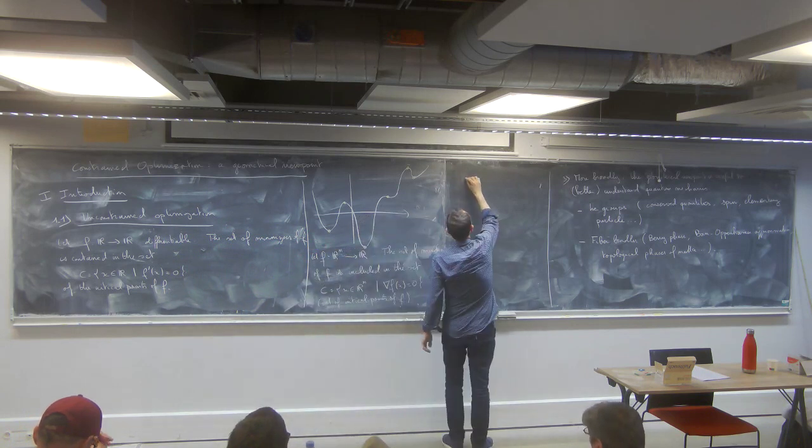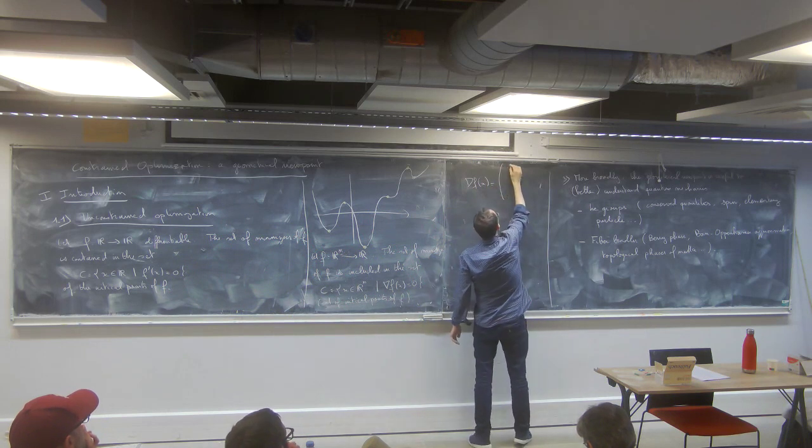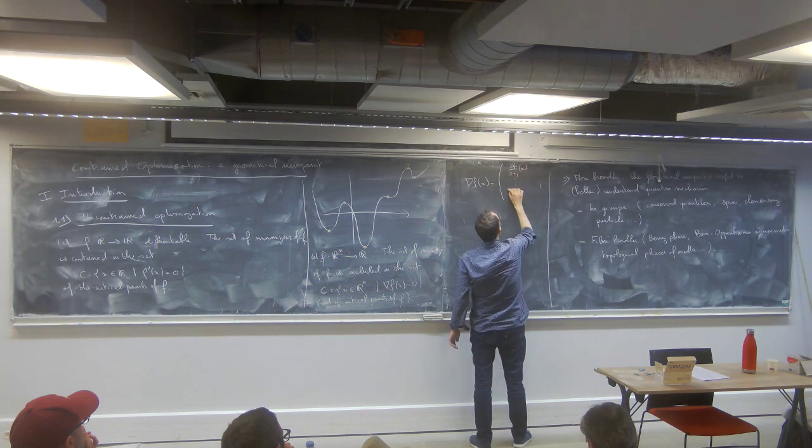Okay, and we just recall that the gradient of f is the vector composed of the first order derivatives with respect to each variable.